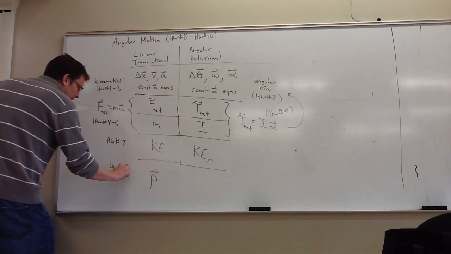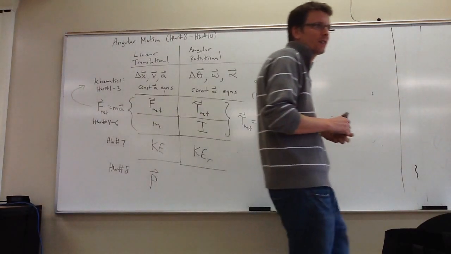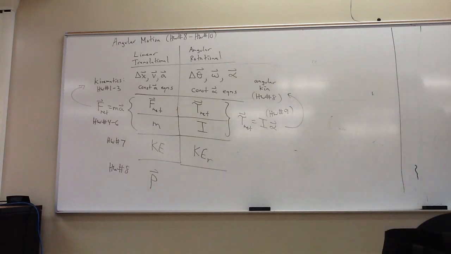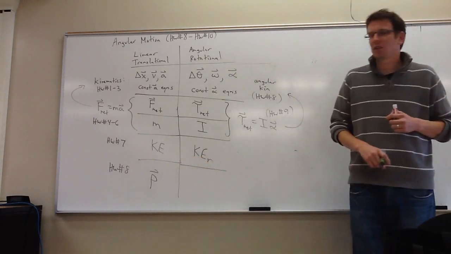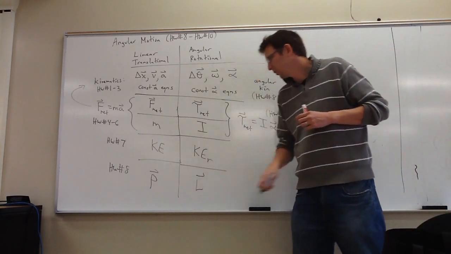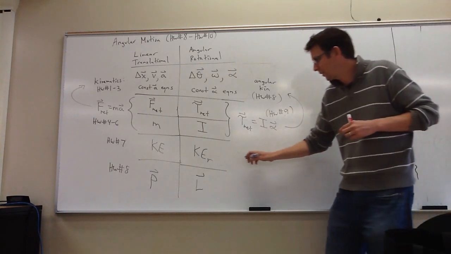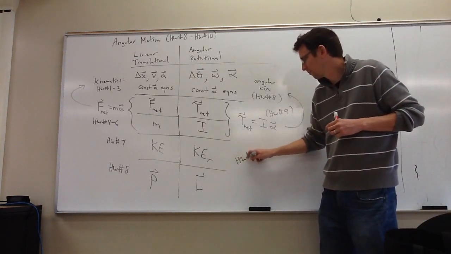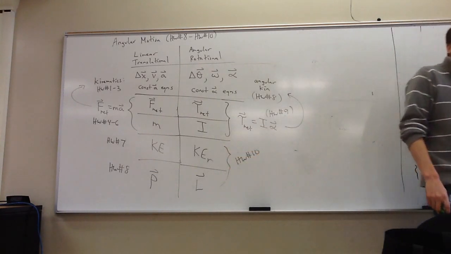So this was a completely different way of analyzing a system, thinking about forces internal versus external, right? You may ask, is there such a thing as angular momentum? Yes, there is. We use L for that. This stuff is on your homework number 10, which will be on your final exam.